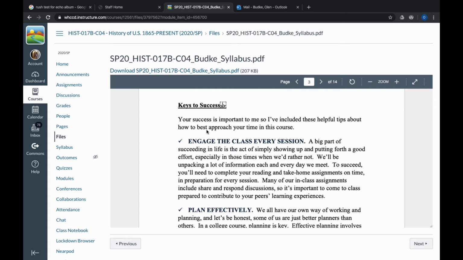And I want you to achieve the goal you set for yourself, and I want you to get a great grade in this course. And these are my keys to success to help you get off to the best start possible. But it's also coming from my experience as a student, areas where I know if I would have devoted myself a little bit more to engaging the class in every session or planning more effectively.